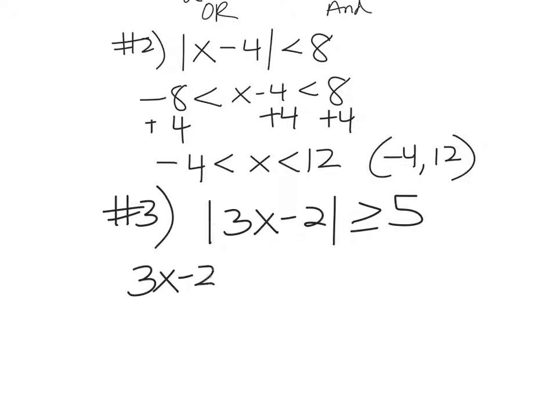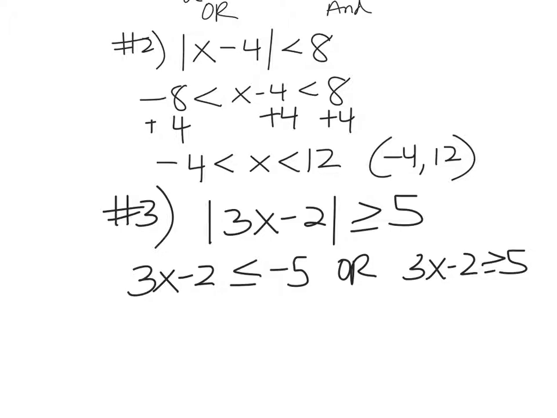3x minus 2, this whole stuff inside of here, can be less than or equal to -5. Or, so they can go that way, but is that? No, that's negative for you guys. That way. Or 3x minus 2 will be greater than or equal to 5. They're going to go in the positive direction, farther than 5 away.